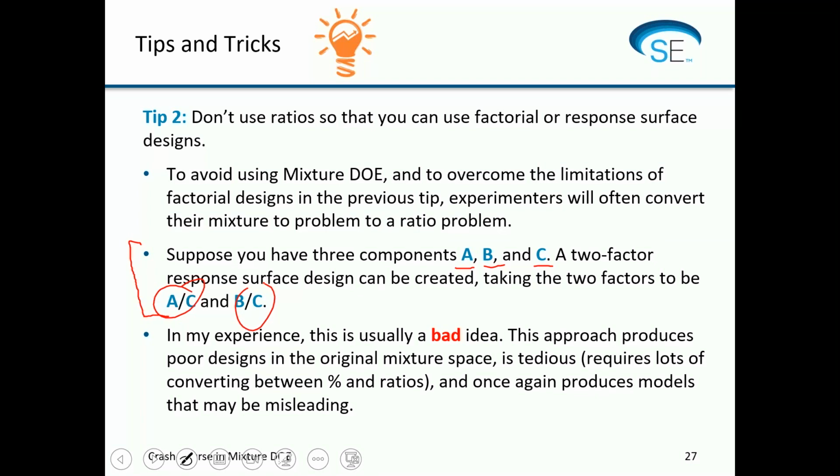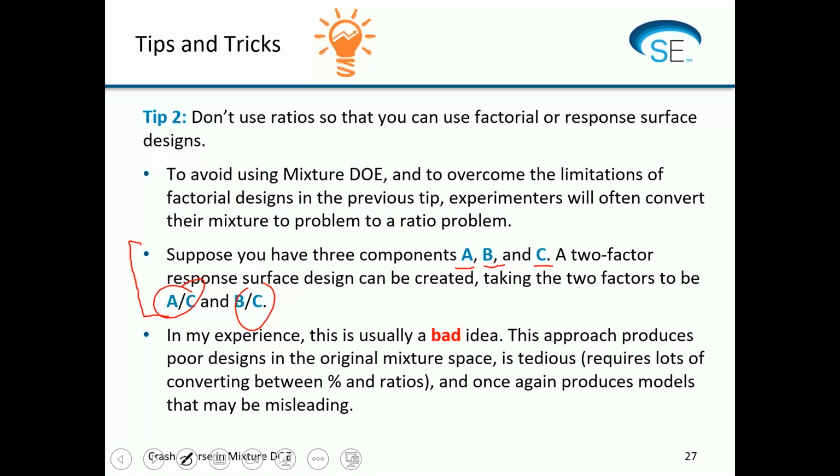People will convert mixture components to ratios, then take the ratios and do a response surface design. But because the scaling is a little weird, when you map the ratio design back to the original mixture space, sometimes you get really weird wonky designs, because the midpoint along a component's range does not necessarily correspond with the midpoint along the ratio.